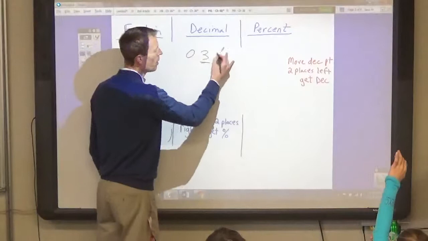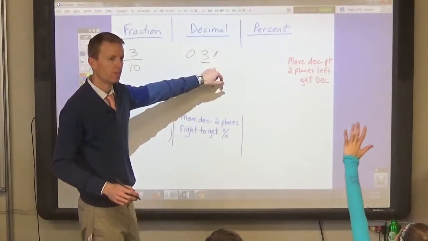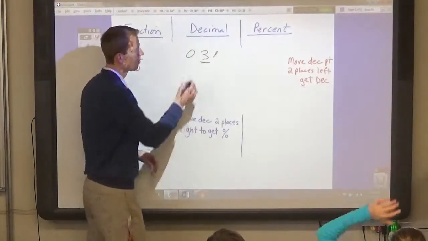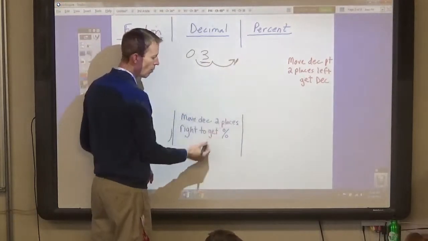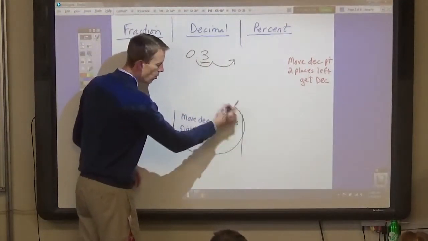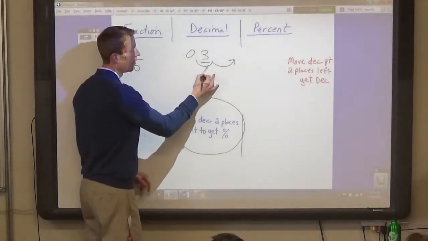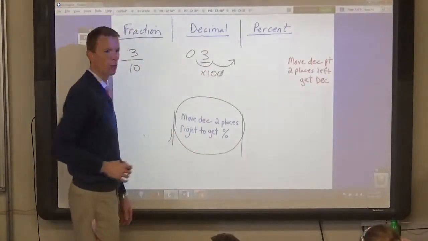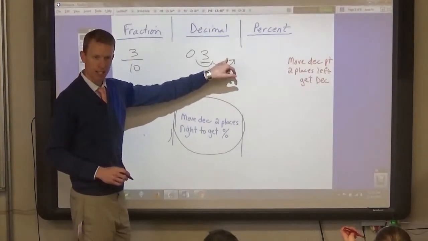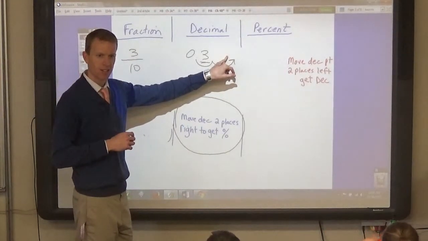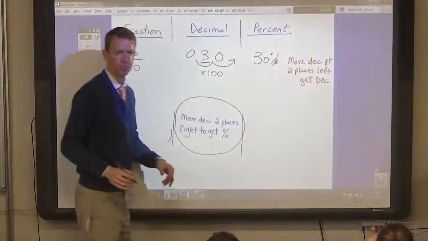Well, we said that the two places give us the percentage. Ethan? Right. When we move the decimal place 2 places to the right, we change it to percentage. Or we multiply it by 100. That's what moving the decimal place does. Well, we have to fill this place then with what, Lizzie? A 0. So this is 30%, isn't it? Good.